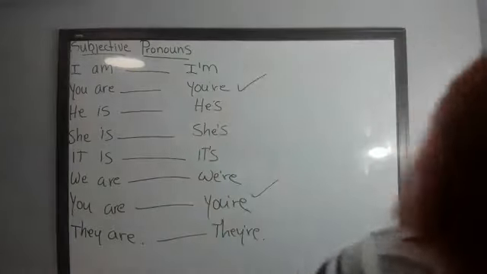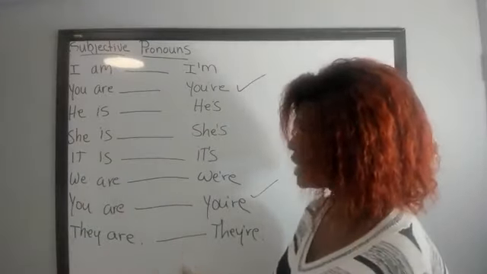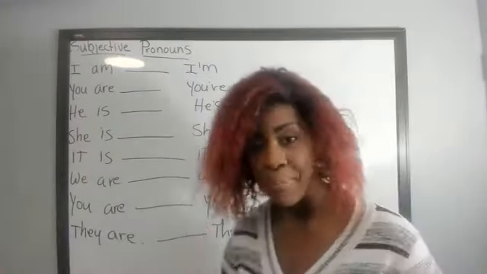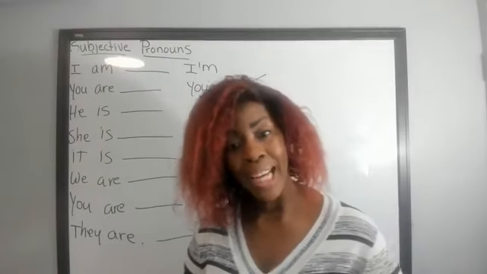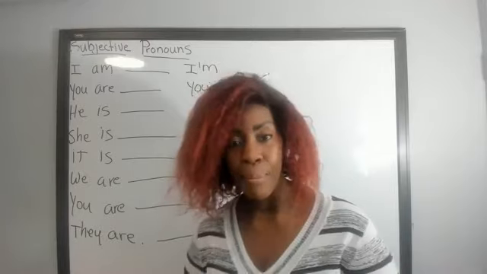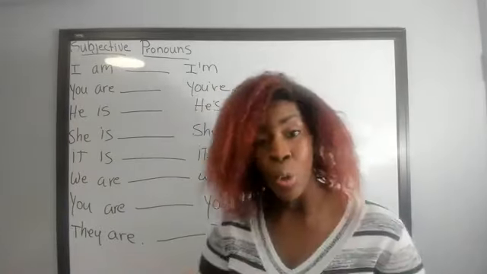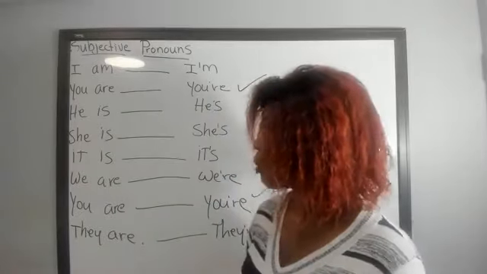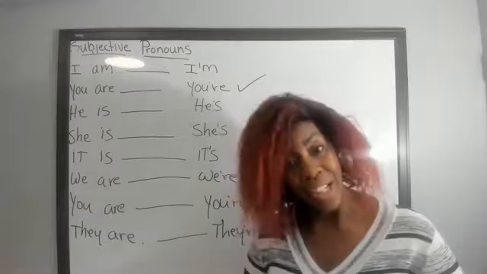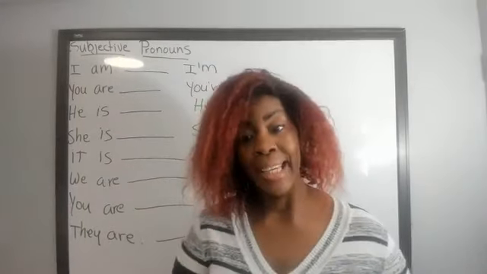All right? So, don't forget, with using subject pronouns with the be verb, when the subject is about me, I will start with I am or I'm. When the subject is about you, you will start with you are or you're. When the subject is about a man, I can start with he is.